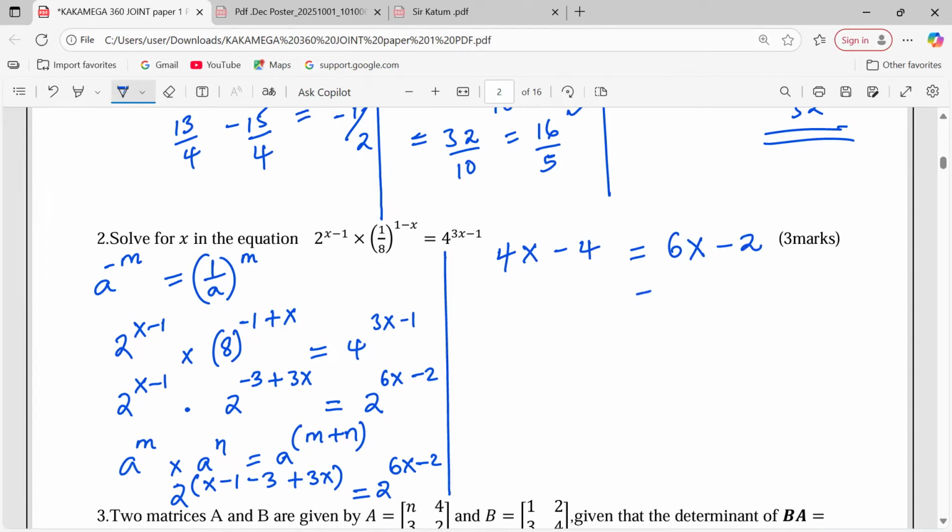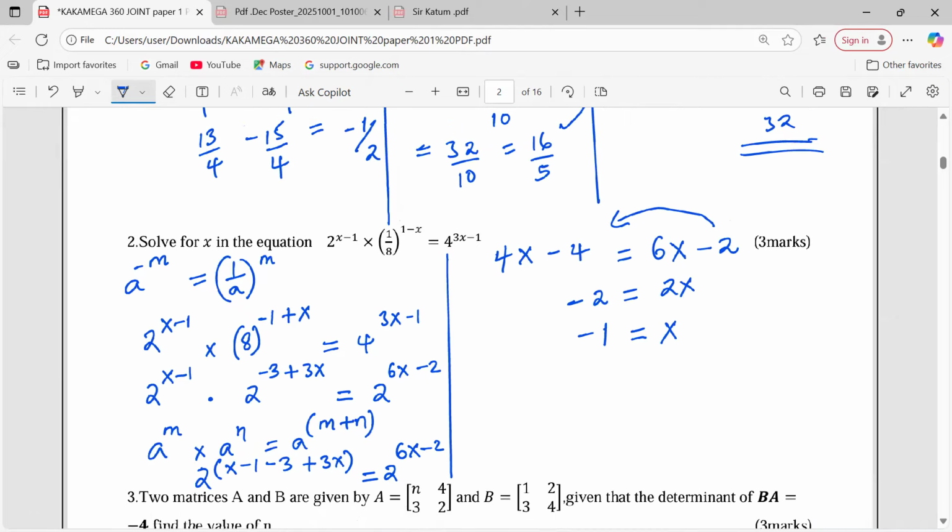At this point now, we can have this becoming 2x because of 6 minus 4. Then negative 2. Negative 4, this becomes positive here. So minus 4 plus 2, making it a negative 2. And the value of x is now confirmed to be negative 1.